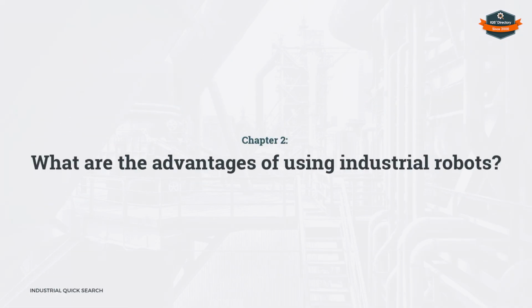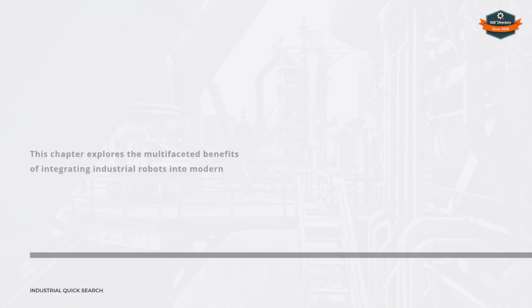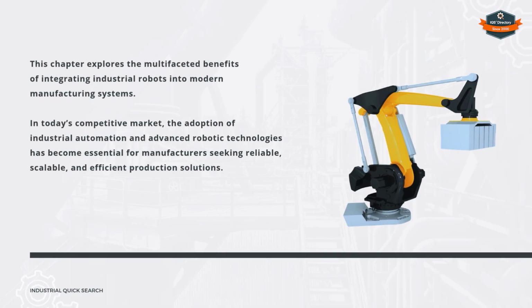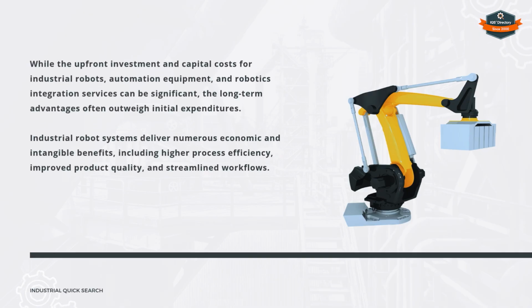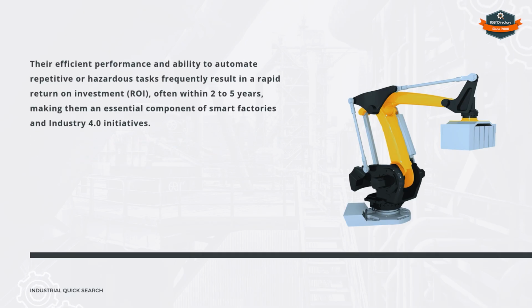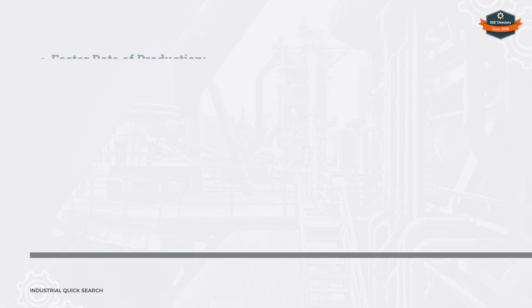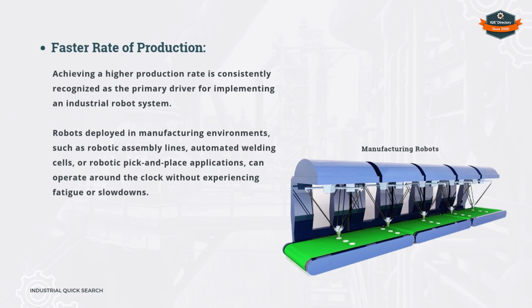Chapter 2. What are the advantages of using industrial robots? Faster rate of production.